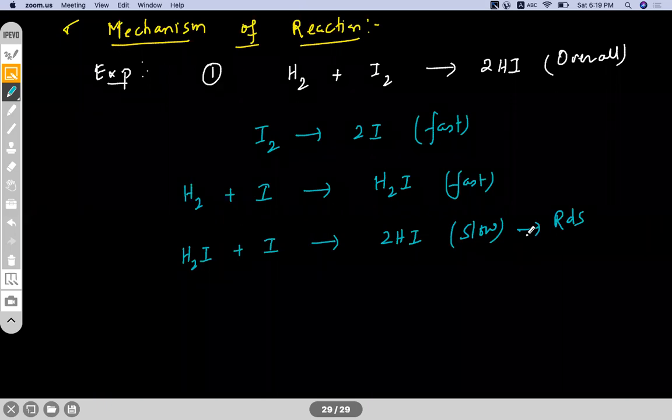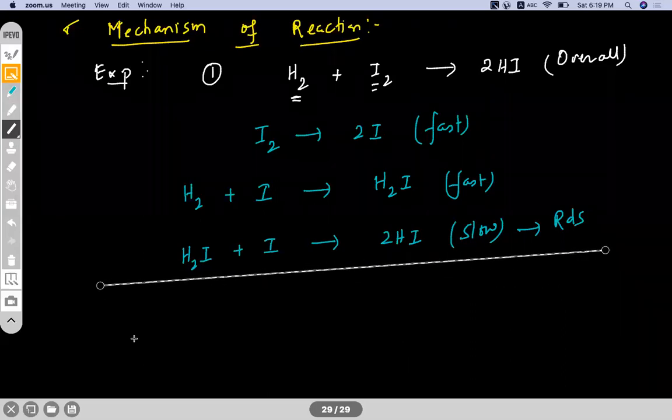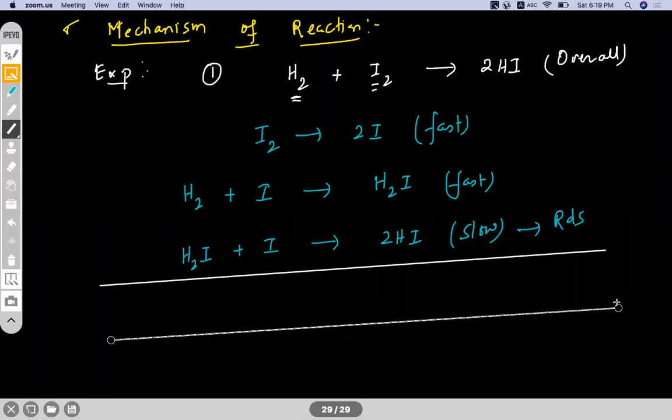The reactant molecules are H2 and I2. H2 and I2 react by these three steps and convert into HI. So the overall reaction, if I write down, we'll add all these three. When you add these three, this H2I will get cancelled, the I will get cancelled.